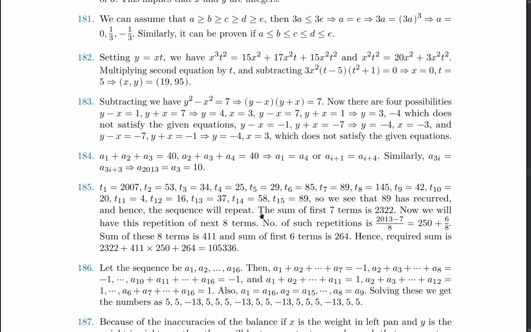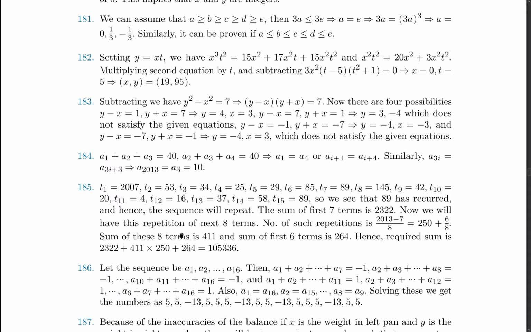So the sum of first 7 terms is 2322. Okay. Now this will have a repetition of next 8 terms. Number of such repetition would be 2013 minus 7 by 8, which is 250 plus 6 by 8, 2006. Yeah, that is correct.